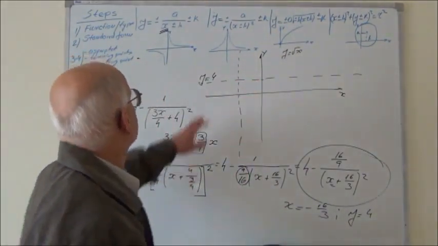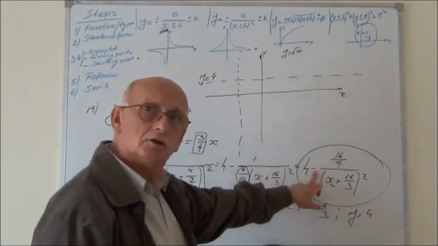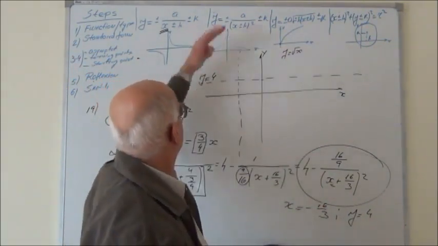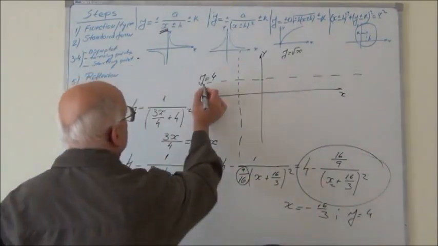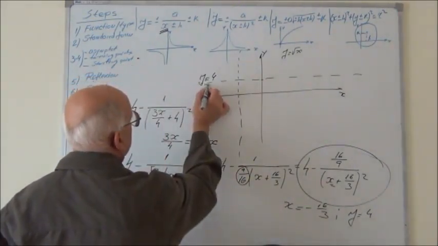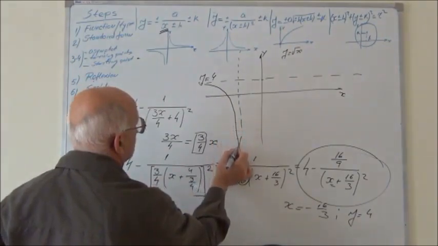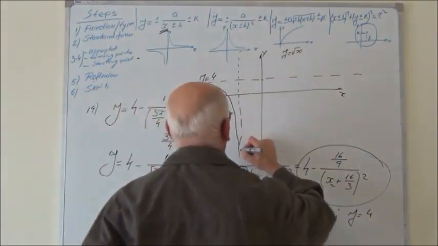And now we are sketching truncus, but we shouldn't forget the reflection. Truncus is reflected and going this way. So the graph should be like that.